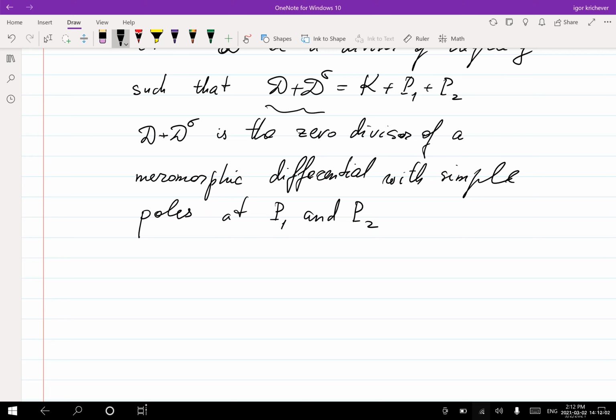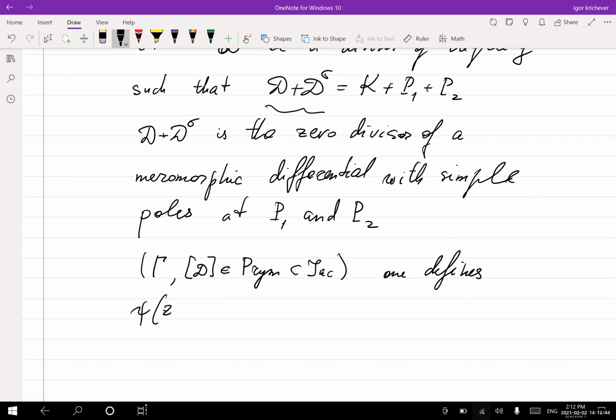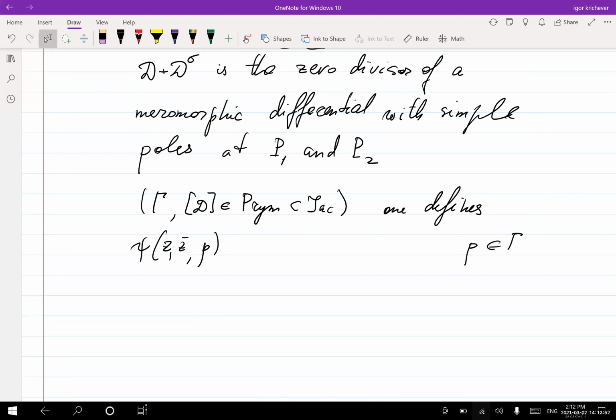Actually, this equation singles out in the Jacobian its odd part, which is called the Prym variety. So given a curve and the divisor D, which belongs to the Prym variety inside the Jacobian, one defines a function psi of z bar and p, where p is a point on the curve, with the following property: psi is meromorphic.